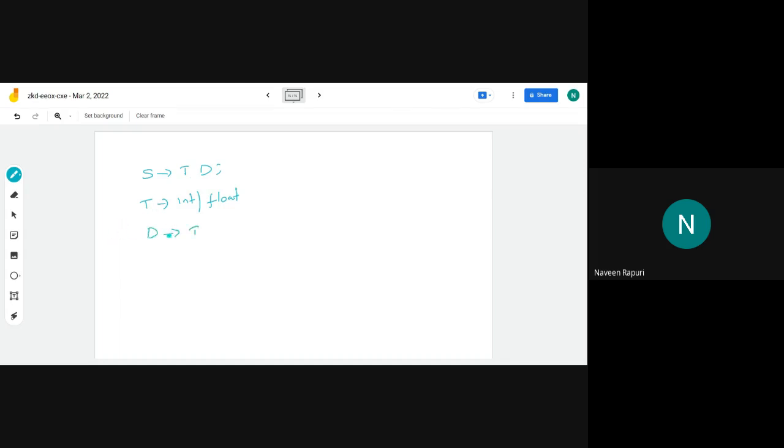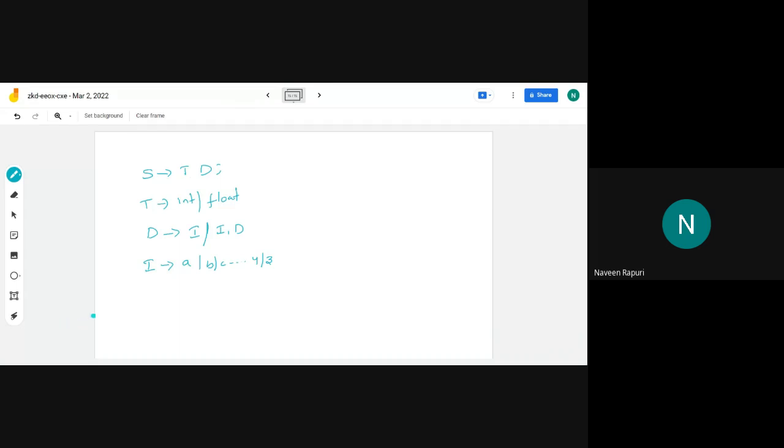D derives I or I comma D. I derives small a, small b, small c, and so on up to small z. So this is the given grammar, the previously asked question. What is the statement accepted by the following grammar?